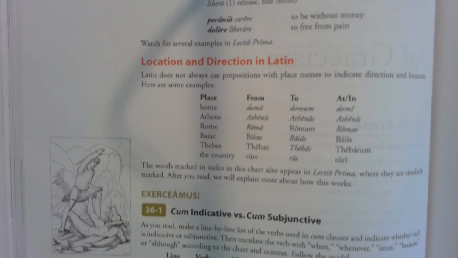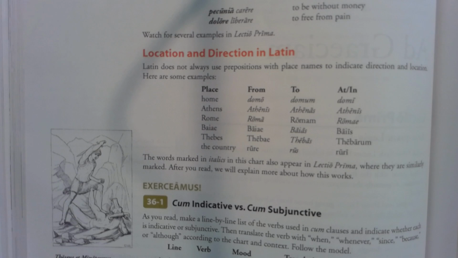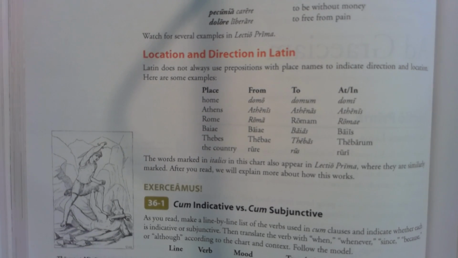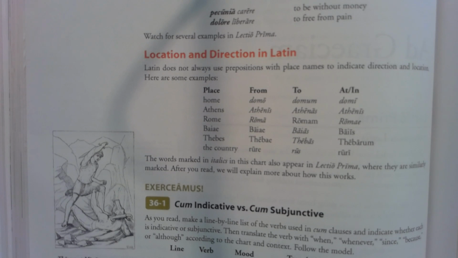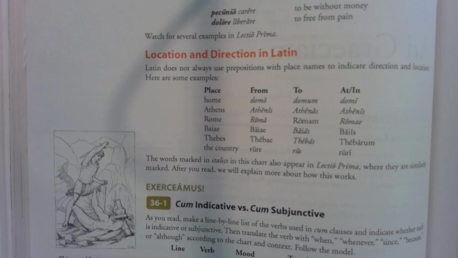Okay, next up we've got location and direction. So in some cases, as you can see, the cities, the home, the country, you have, instead of a preposition to show the location, just the word with an ending.